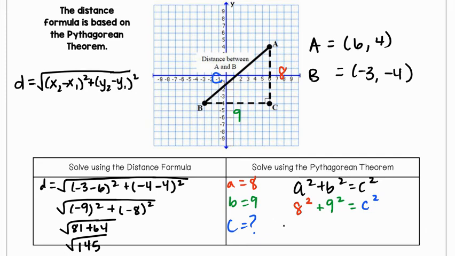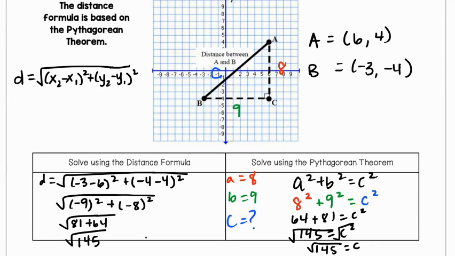We get 64 plus 81 equals C squared, which becomes 145 equals C squared. We take the square root on both sides, and we end up getting that C equals the square root of 145. Again, that is exactly what we got when we took the distance formula and plugged in those 2 points.